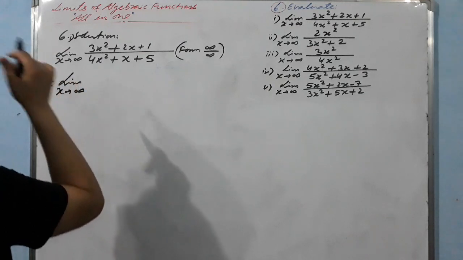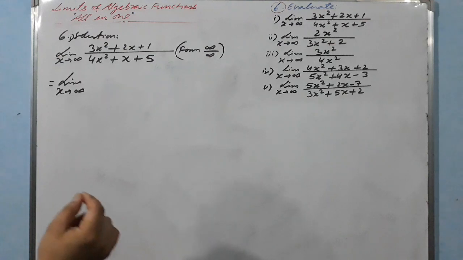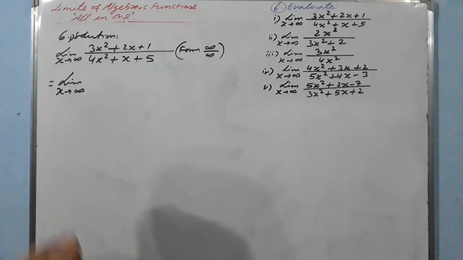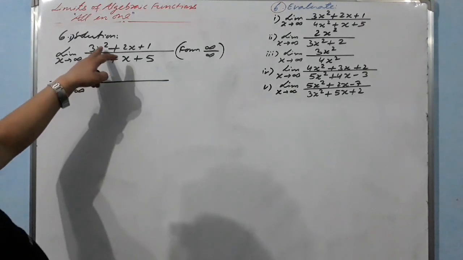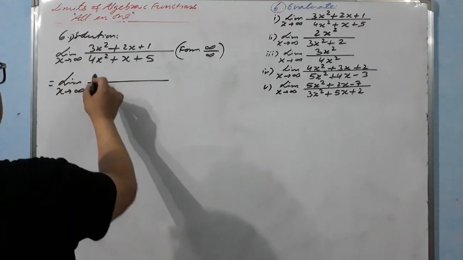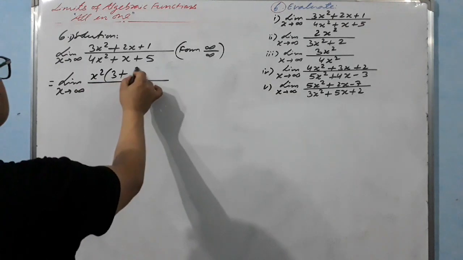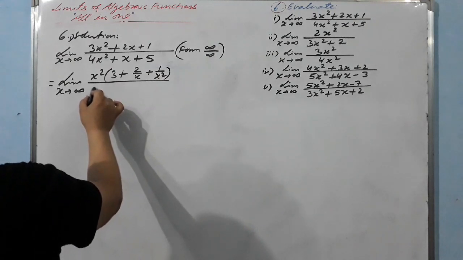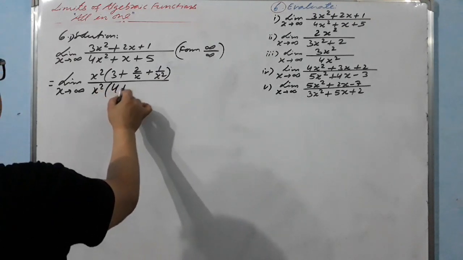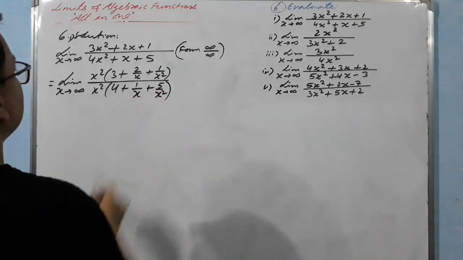As x tends to infinity, 3x square tends to infinity, so we get infinity upon infinity. How to simplify? We have one trick. In the case of infinity, you need to take common the variable having the highest power from the numerator as well as from the denominator. The highest power variable is x square. So x square common: x square times 3 plus 2 upon x plus 1 upon x square, over x square times 4 plus 1 upon x plus 5 upon x square.